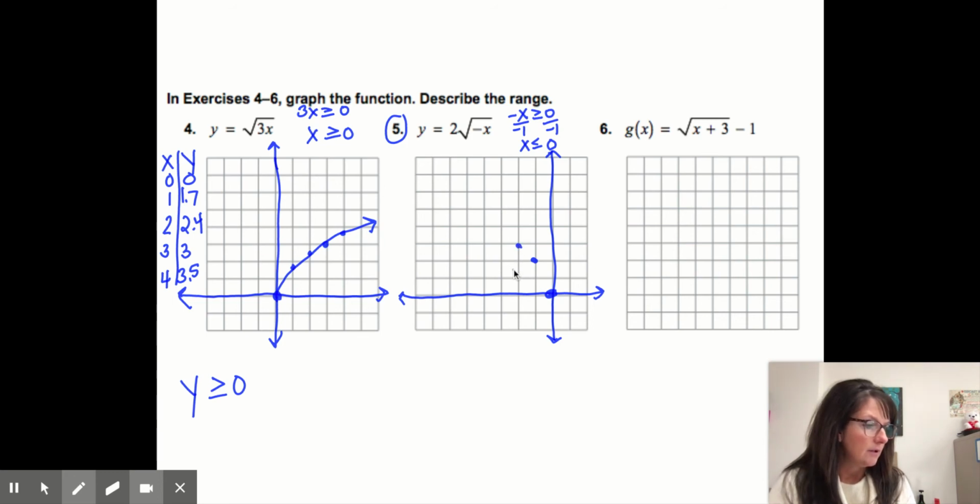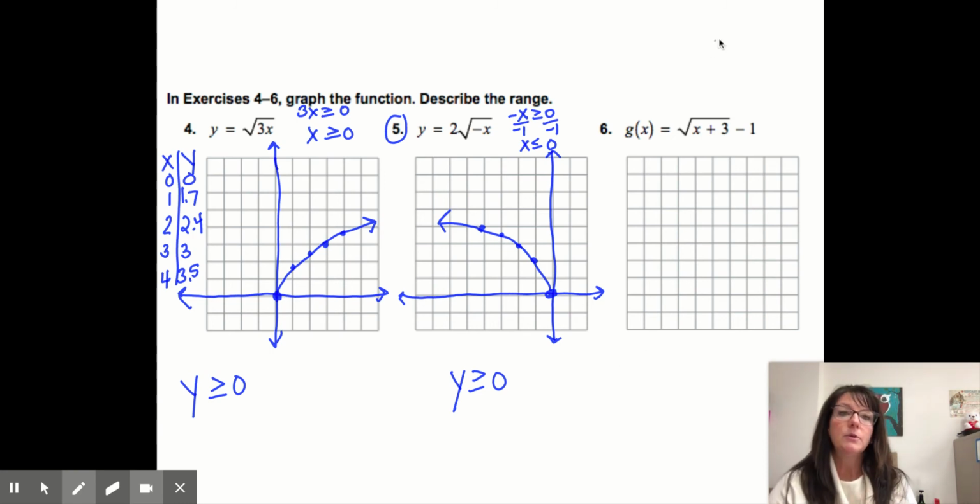I have negative 3, 3.5, and negative 4 and 4. So if I were to draw it, okay, and then my y would be greater than or equal to 0 for my range.